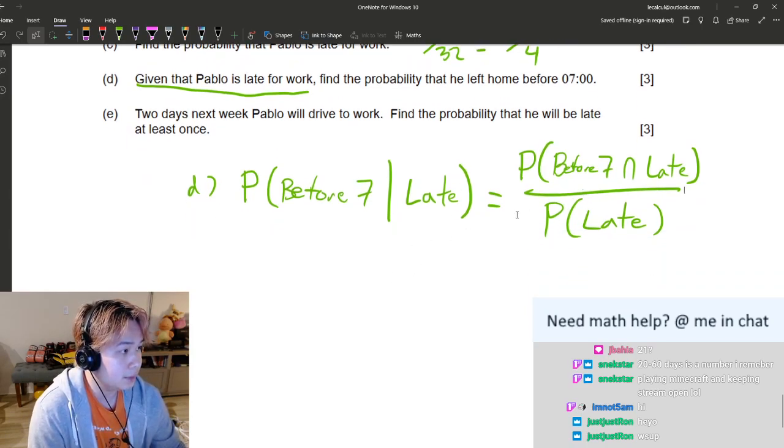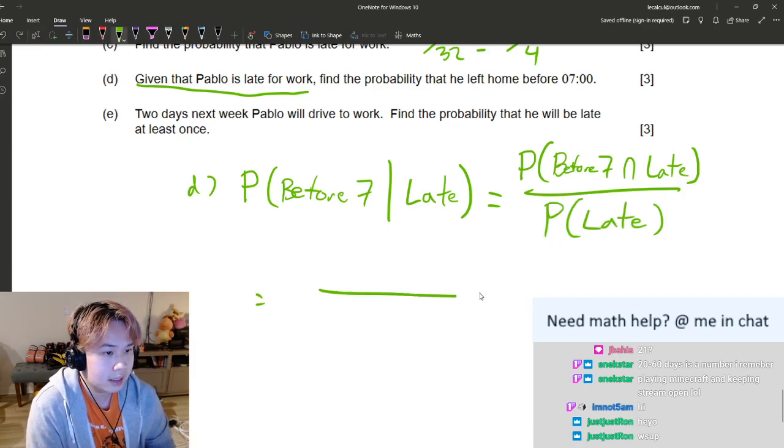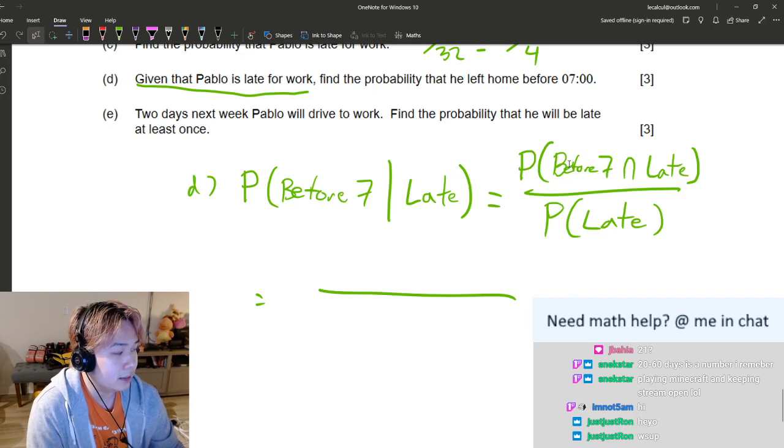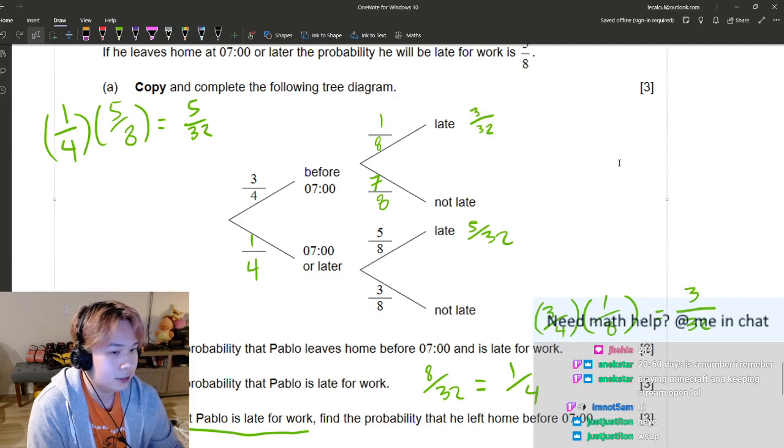And then this has been set up for you because both of these values you've calculated or found out in earlier questions. The probability that he leaves before 7 and he's still late is 3 out of 32.